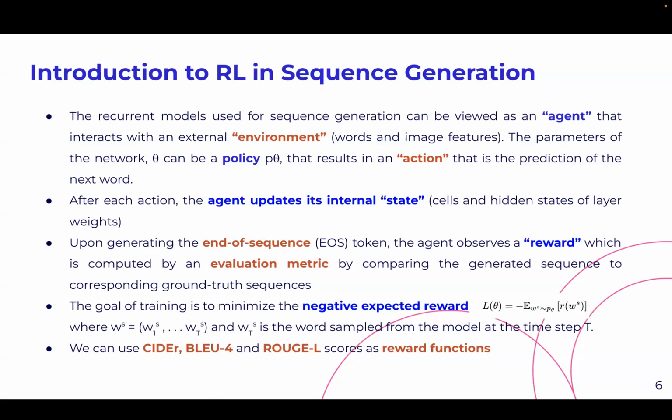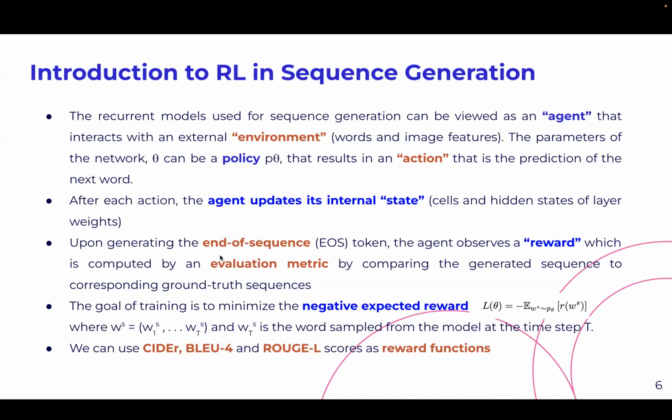That is the action this agent, which is the LSTM model, will take at each and every time step based on the words and image features that you have given as the input. After each action the LSTM model takes, that is after it chooses each word in a particular sequence in the time step, it updates its internal state, that is the cell state and the hidden states of the LSTM layers.